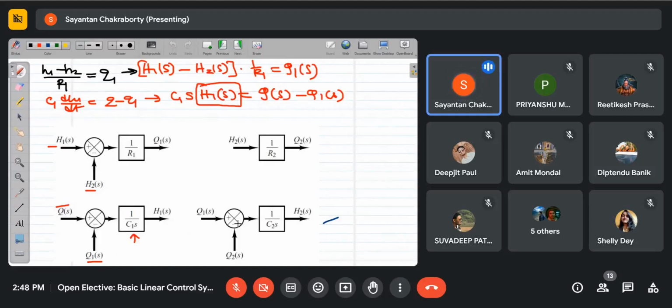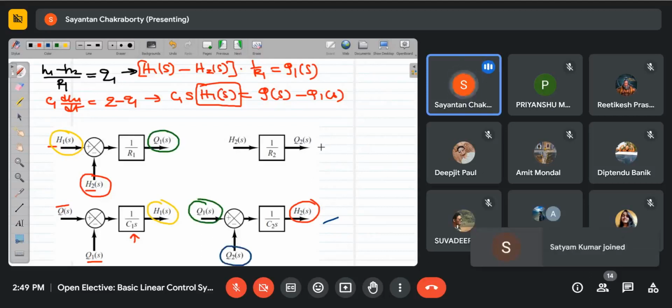And we have seen that by incorporating this set of relations and then connecting the corresponding variables. I want H1 here, so this H1 will come over here. I need H2 over here, so what is H2? H2 is given by this relationship. Now the output is Q1, and that should be connected to this one. Now that requires our Q2, and this Q2 will be coming from this, which is again related to H2.